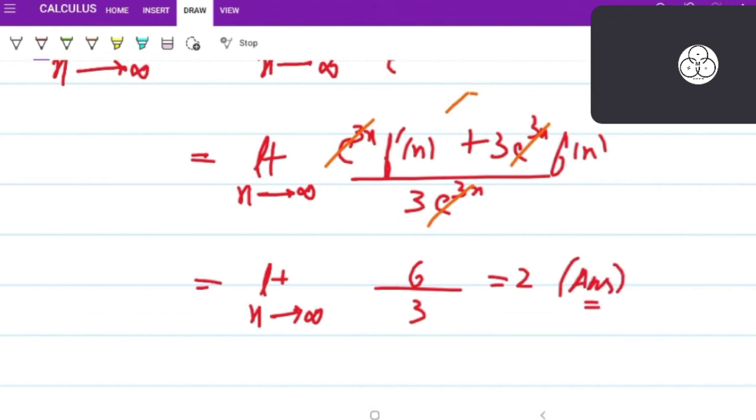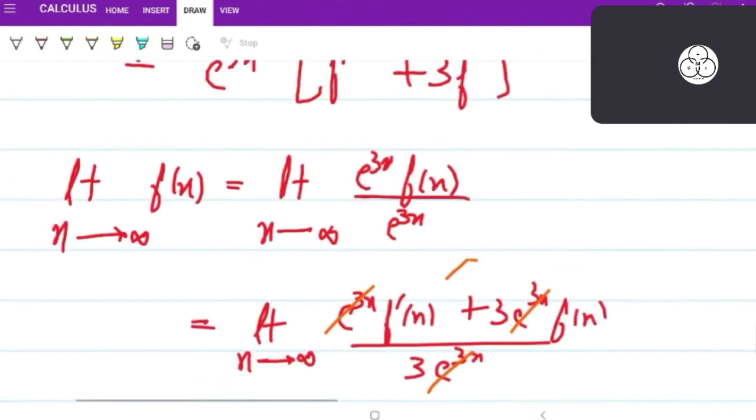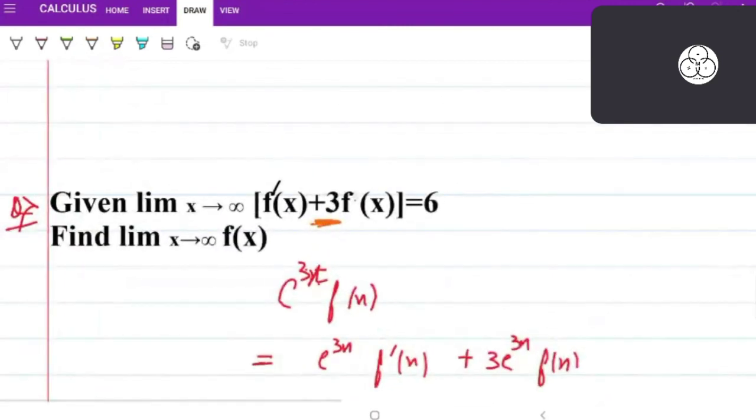So this was a slightly modified version of the previous problem, and again and again I'm repeating the same point: don't go by the fact that this is an easy problem. Yes, it is obviously an easy problem, but if you cannot crack f dash x plus f(x) and relate it with e to the power x f(x), then you won't be able to solve this problem even after spending a lot of time, and that's what makes this problem very interesting.